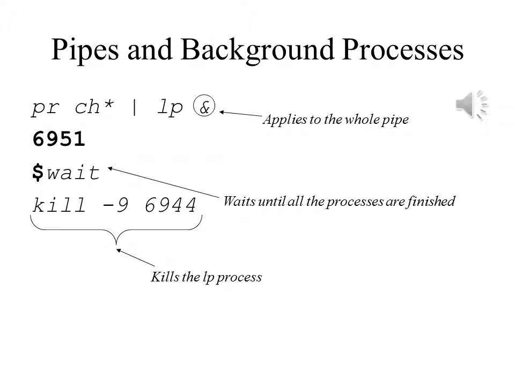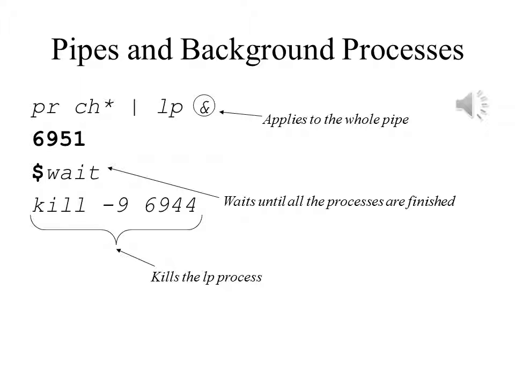The ampersand at the end applies to the entire pipe, and the entire pipe is run in the background. We see the process ID number here as 6951. The wait command will make the computer wait until all the processes are finished.